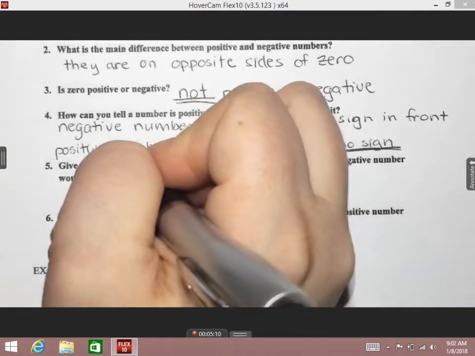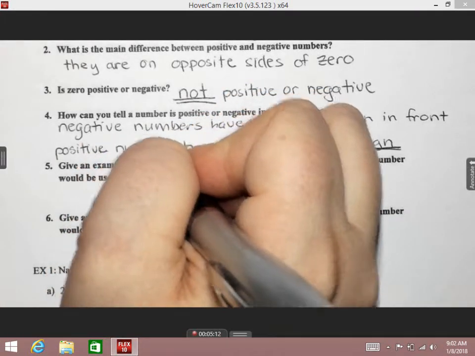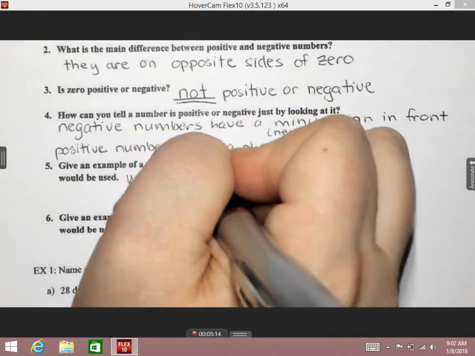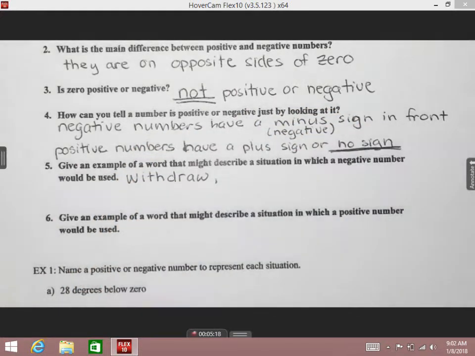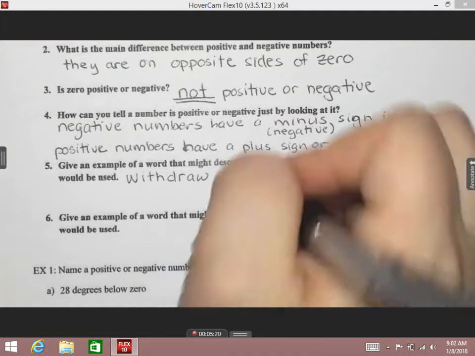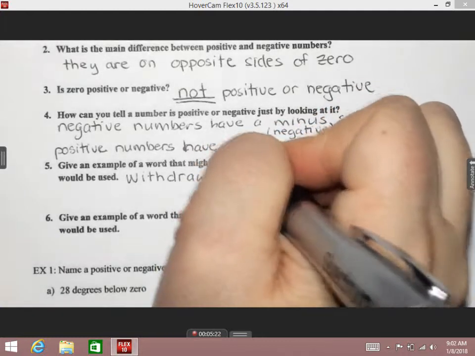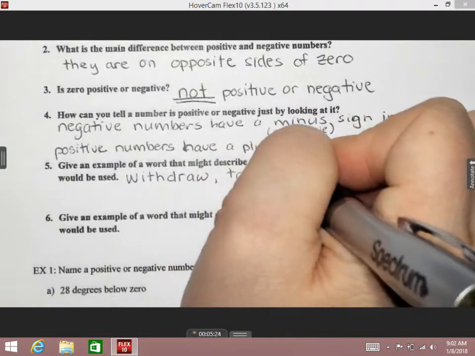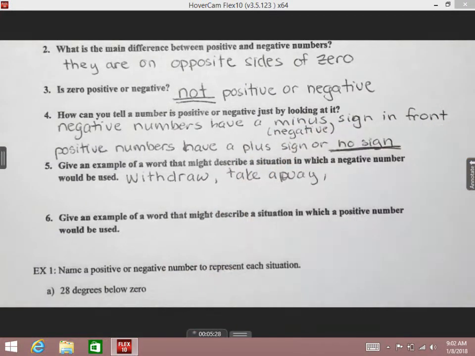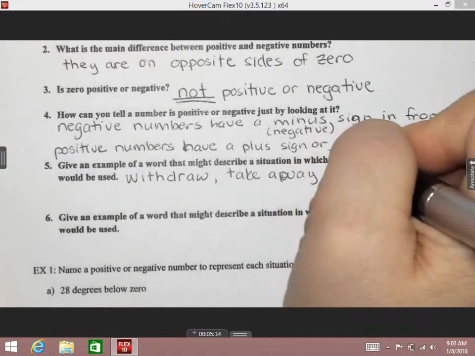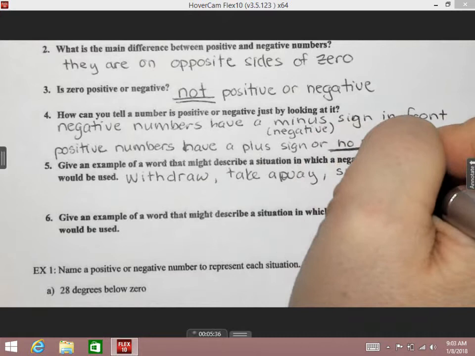Withdrawal. So that's one we just talked about. Withdrawal means that you're taking money out of your account. Kate just said take away. So if someone takes away something, that would be a negative. Brendan? Subtract. Gabriella? I like that one.